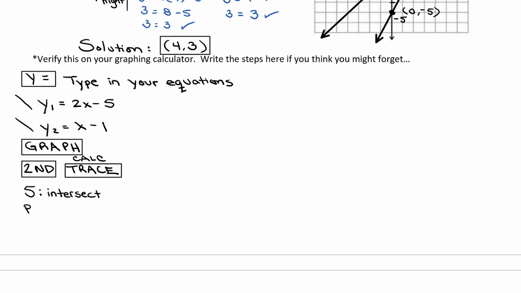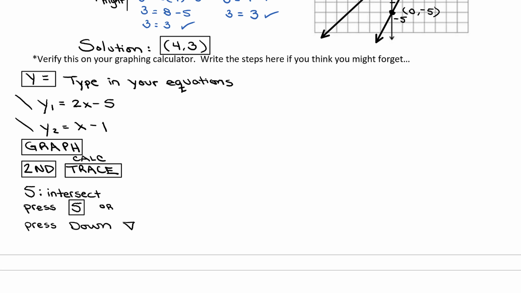In order to select that command, you can either press the number 5 button on your graphing calculator, or another option is to press the down button 4 times. Right now the cursor should be on the number 1 where it says value, and if you press down 4 times, you'll go 1, 2, 3, 4.